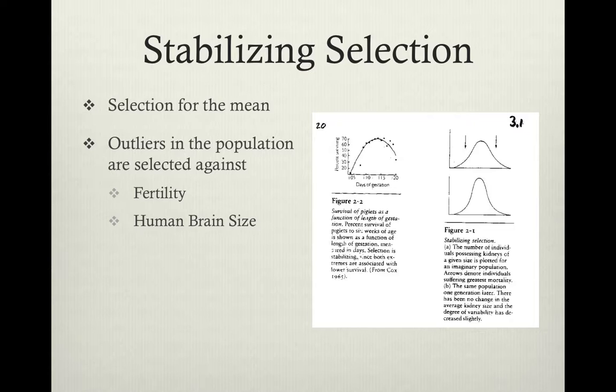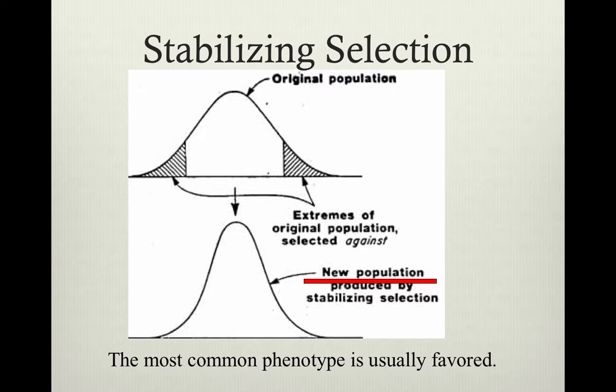Individuals who are born with larger brains also tend to meet some troubles. In particular, the way that we've got to fit the infant brain out of the birth canal during the birthing process. If brains are larger than a certain size, then babies are much more likely to get stuck in the birth canal, and are much more likely to then either die in labor or lead to the death of both moms and babies. And so, with stabilizing selection, the mean, or the most common phenotype, is usually favored.